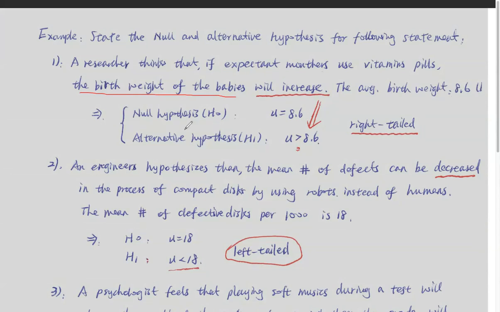When we write down a long hypothesis, you don't have to write it all down, but you do have to write down H0. Remember, that's always equal. So the average weight for the baby, mu, remember, that's the average, equals the average we are given here, 8.6. That's easy. The alternative is determined by the statement.